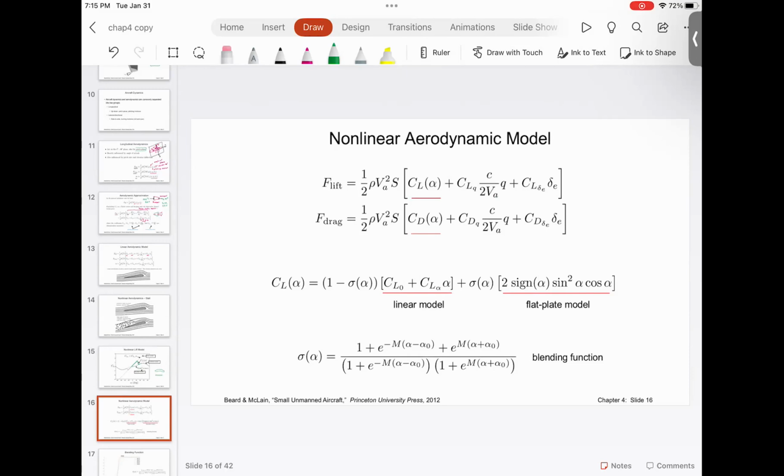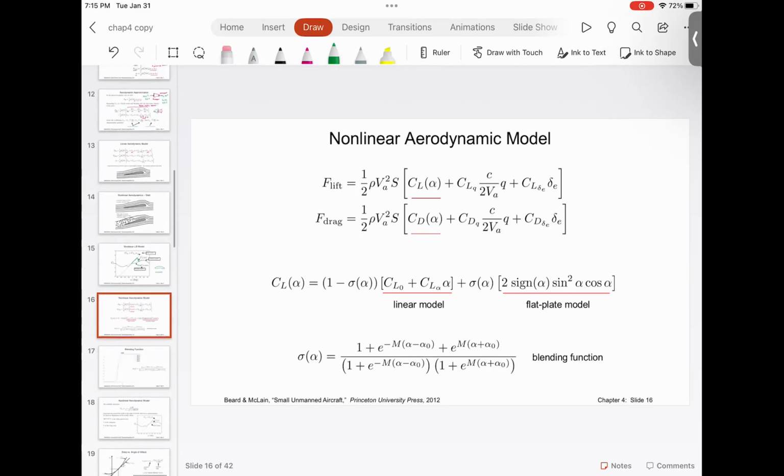We are not going to use this, but if you have to perform a real life simulation, then you will use this linear model and nonlinear model, and use a blending function that will combine these two. Okay, I'm going to stop here, and I would be happy to answer any questions that you may have.